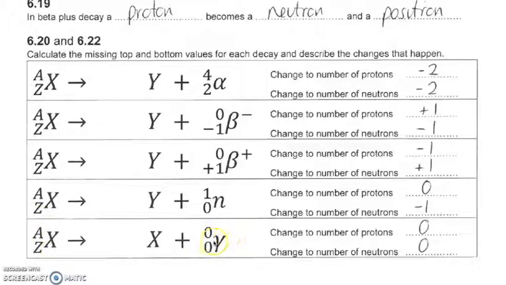With gamma decay, this is going to be the symbol for gamma. Notice there are no protons and no neutrons in a gamma wave, so essentially it's just excess energy. So we've got literally no change to the nucleus, to the internal structure of the atom whatsoever. This number could be 100 and it will be 100 here, that could be 50 and it will still be 50 here. Please pause this video and make sure you are familiar with these radioactive decay equations.